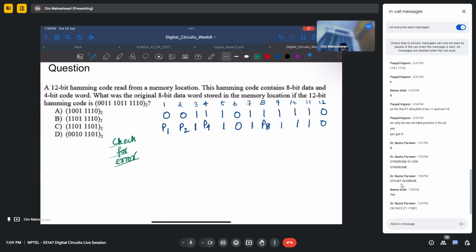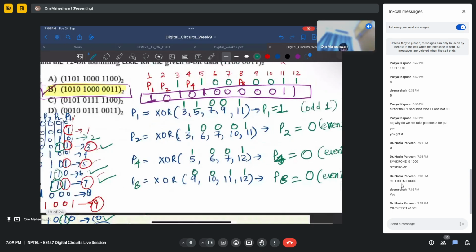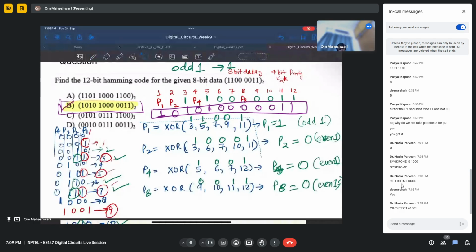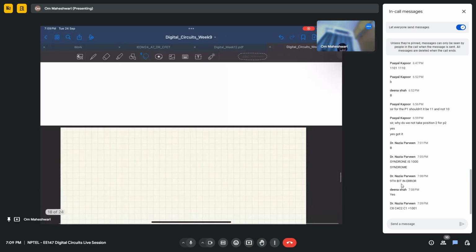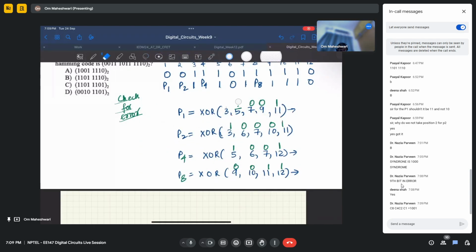Okay, so let us check this. Let me copy this here first. So we understood these were the parity bits. How do we calculate these parity bits? Now we want to check if there is parity or not.